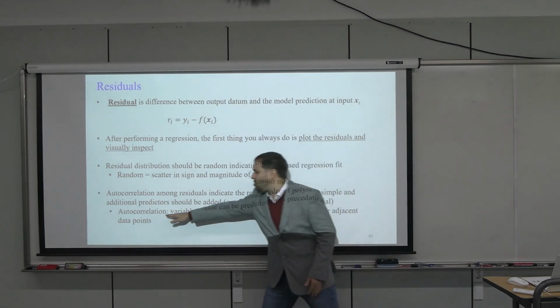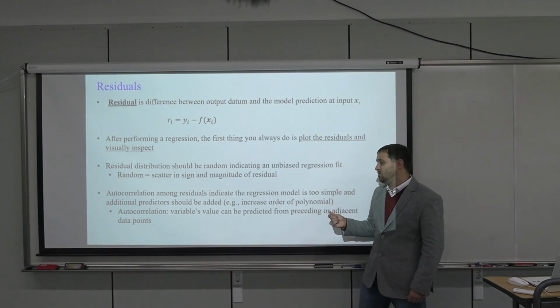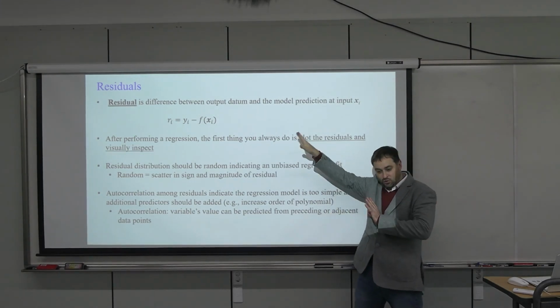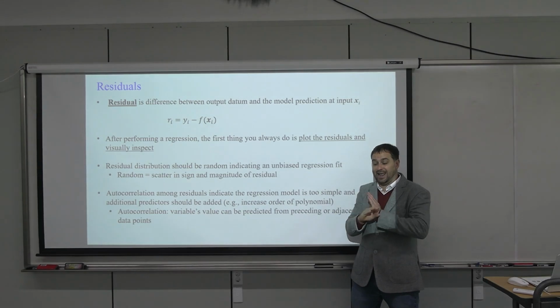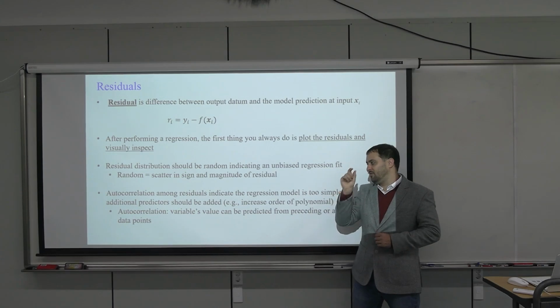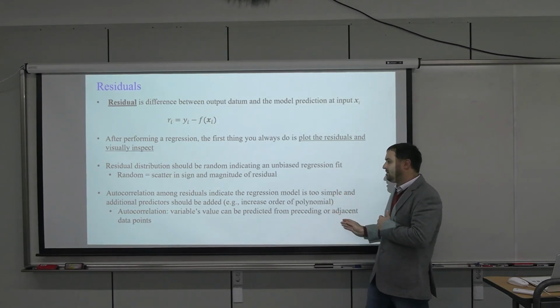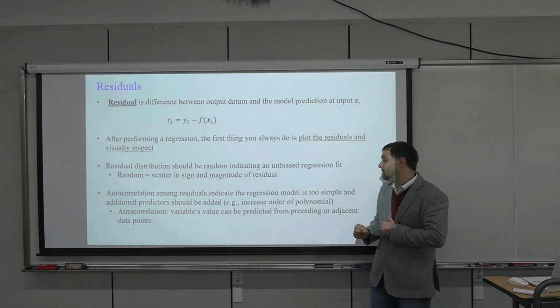And so what is autocorrelation? Autocorrelation is a variable's value. This is general, not just for a residual, but any autocorrelation with any data. It's when a variable's value can be predicted from the preceding or adjacent data points. Okay?